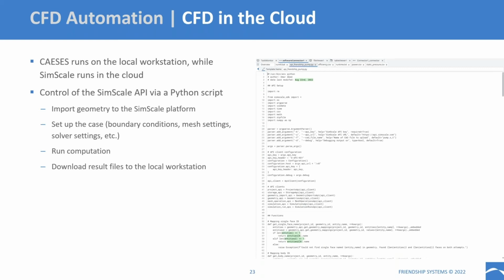It will run the computation, or in this case, actually 3 computations for the 3 different flow rates. And then at the end, it will generate the result files and download them to the local workstation again, where they can be imported by KSBS.